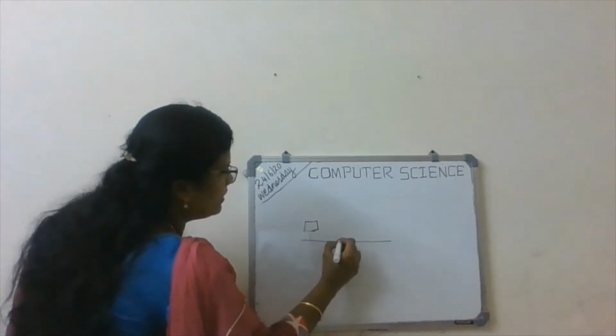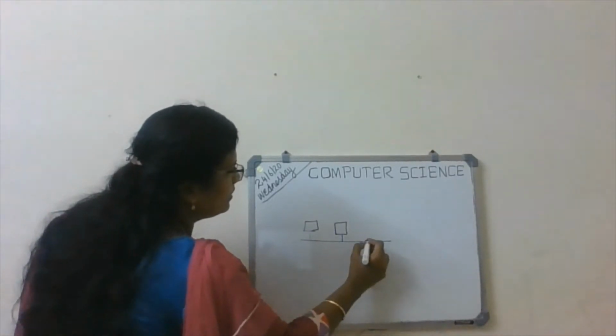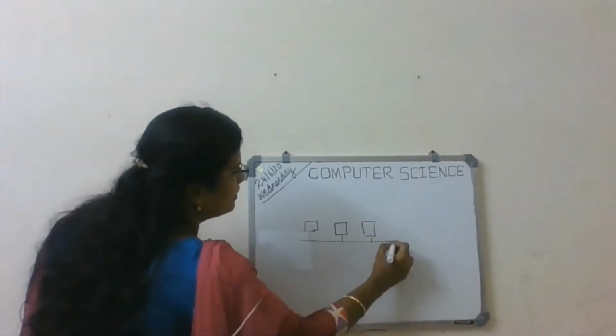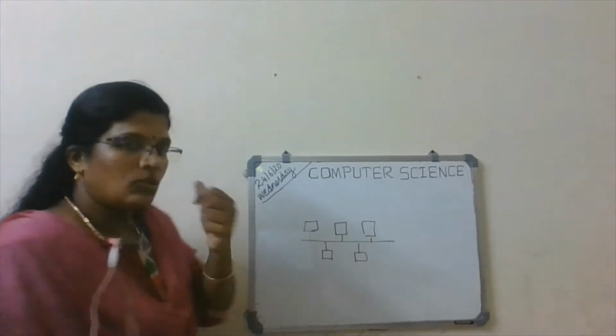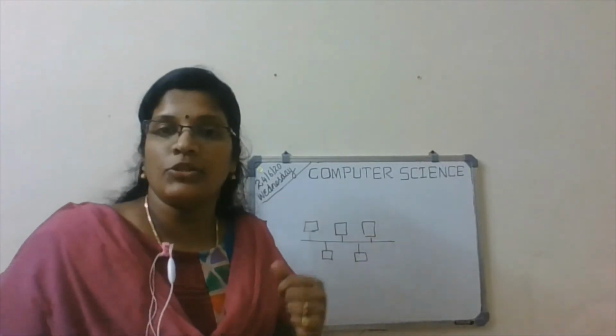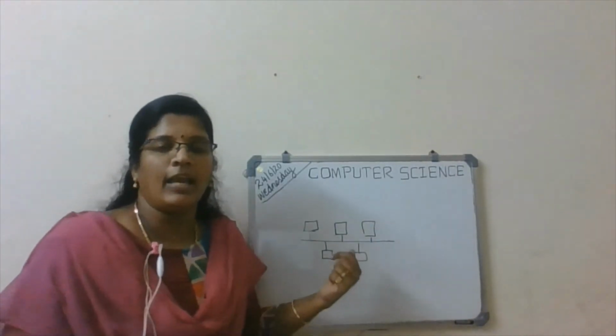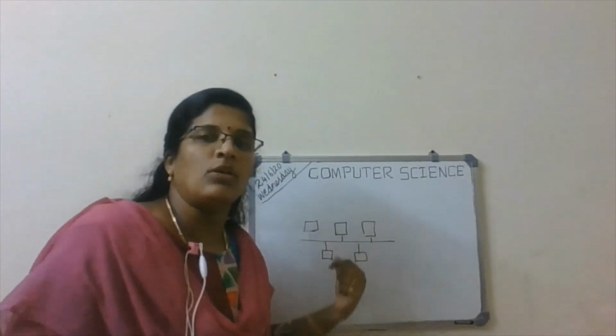So this is a computer, this is a computer, this is a computer, here also a computer, here also a computer. So computers on both sides are connected to one another using the Ethernet cable. So communication passes on both sides.